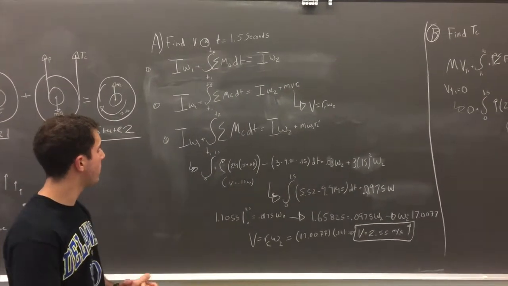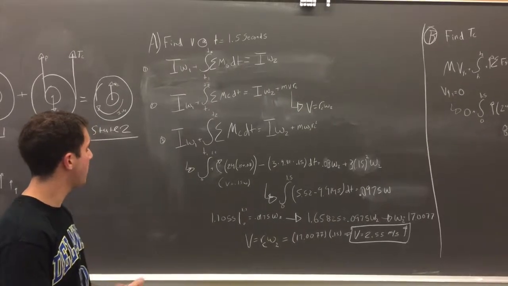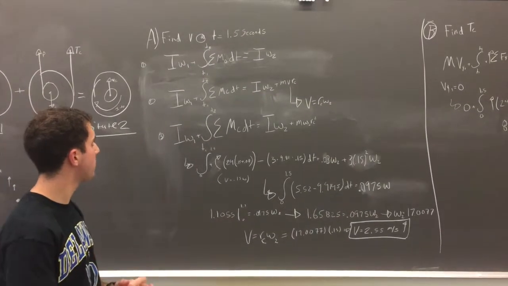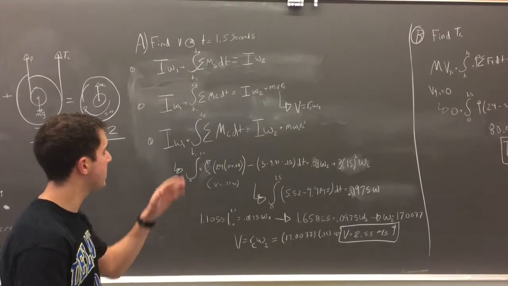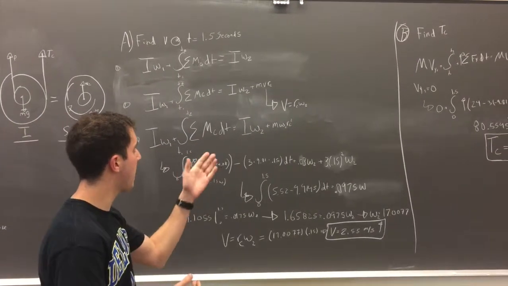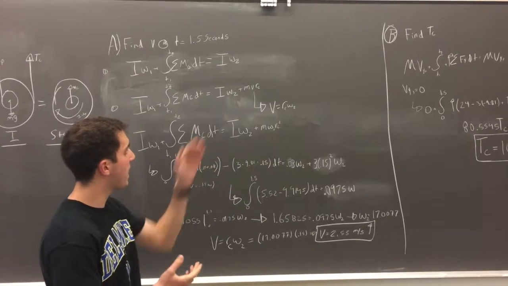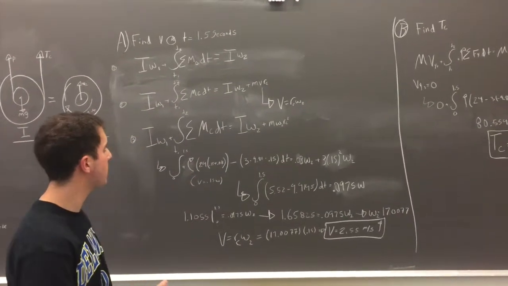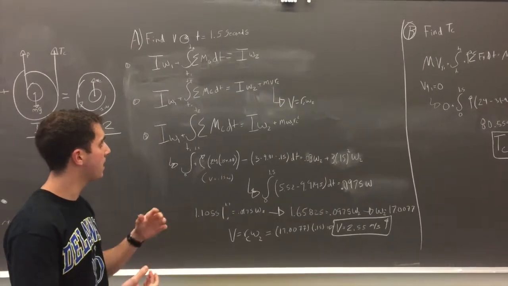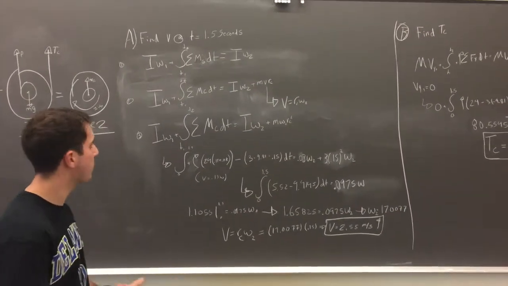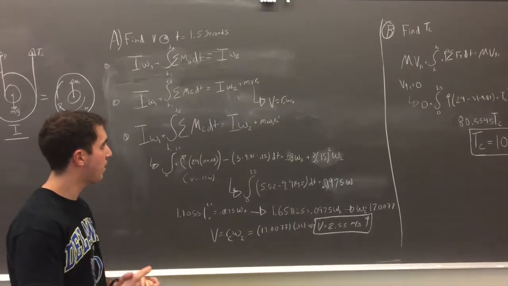So we could rewrite this equation as I times omega 1 plus the integral from t1 to t2 of the summation of the moments about C dt is equal to I omega 2 plus m v r C. The reason we add this m v r C term is because when you're not taking the impulse about the center of gravity, this term gets added on.